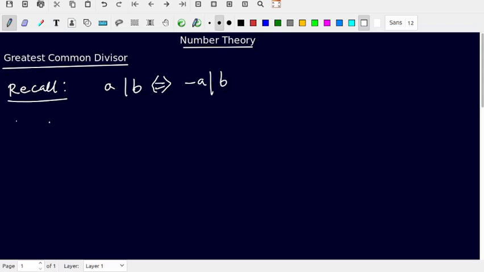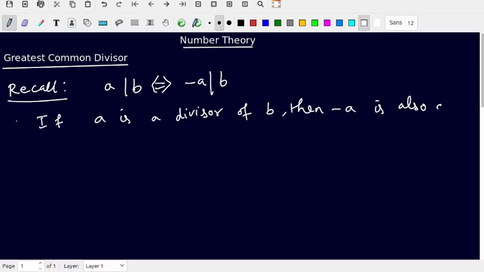So this says that if A is a divisor of B, then minus A is also a divisor of B. So it is enough to find out positive divisors, then the negative ones will automatically be divisors.